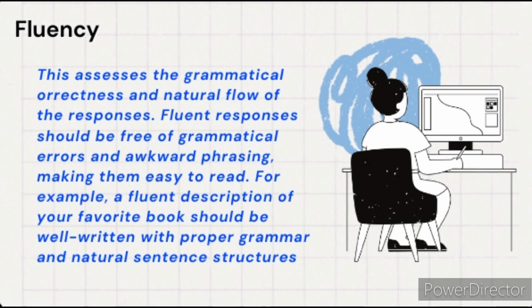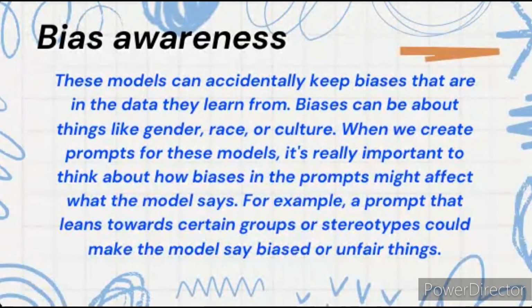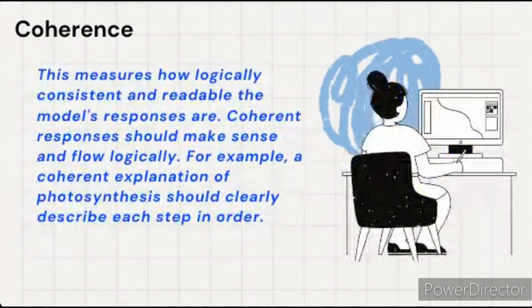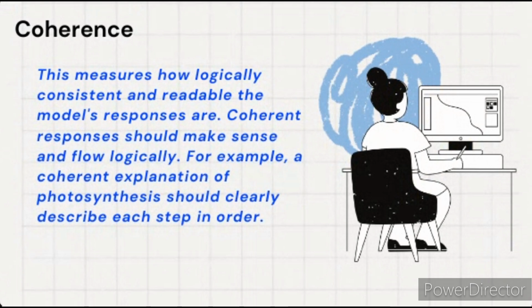This iterative process helps the model improve over time. It learns to give more relevant, logical, and natural responses. This improvement makes the model better at tasks like customer service or education, where accurate and understandable answers are important.